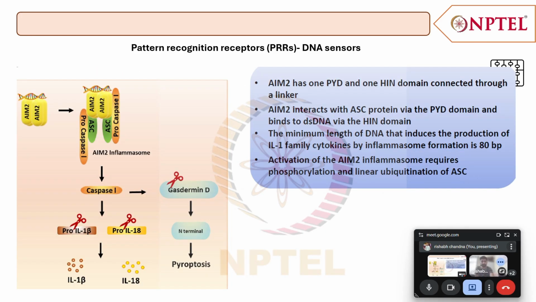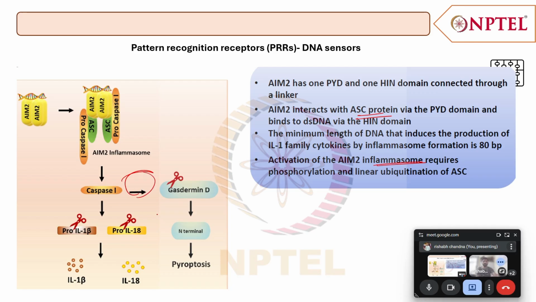Okay, now we have another DNA sensor, that is AIM2. So it reacts with the ASC protein that leads to an inflammasome production. Okay, so now this is a slightly different pathway where AIM2 leads to a caspase 1 dependent inflammasome.